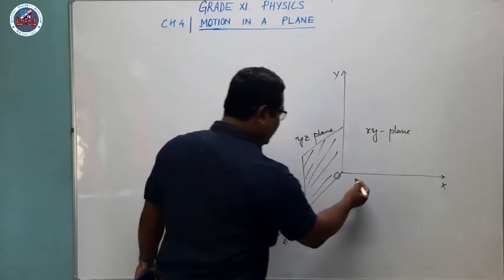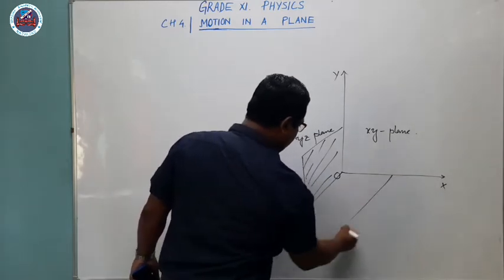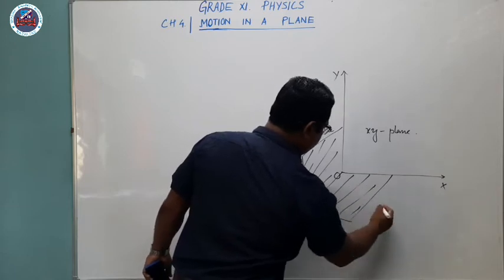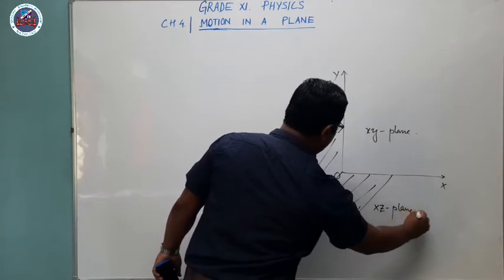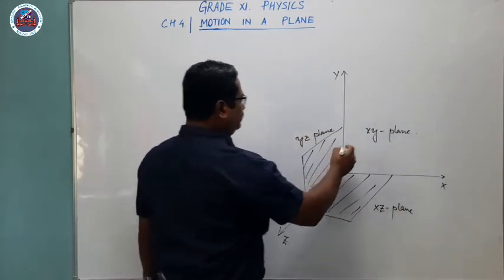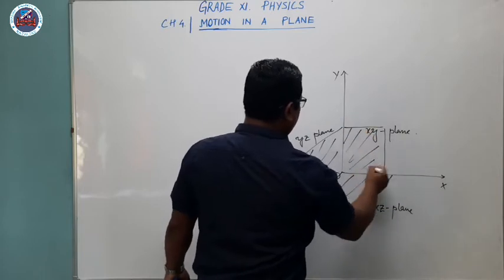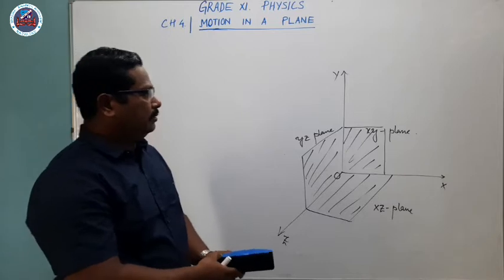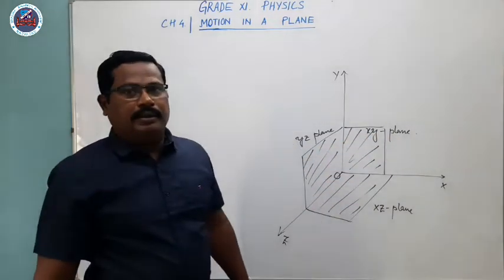And the plane that exists between the x-axis and z-axis, we call it the xz plane. So there are three planes in a three-coordinate system. This is your xy plane, but here we will be focusing on one plane alone, generally the xy plane.